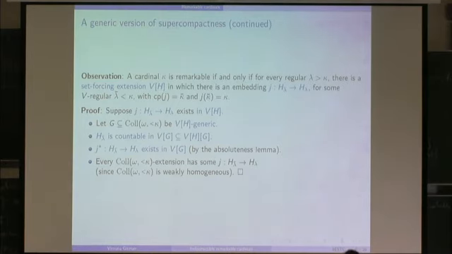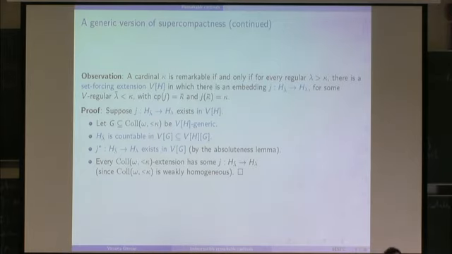So here's the proof. It will use the absoluteness lemma. So given an embedding in some forcing extension of V of H, I want to find an embedding in a collapse extension first. This might not sound sufficient, but let's just do this first.